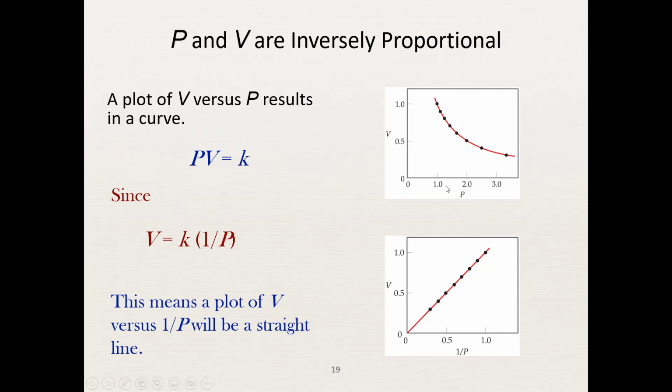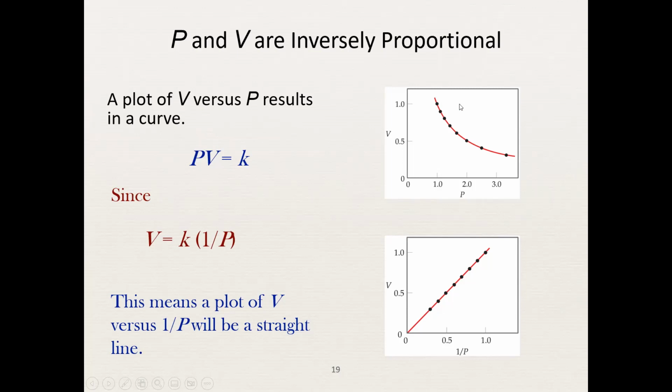Or we can think about it the other way. As we start to squeeze this more, we have the volume go down. And then what this allows us to do is take the inverse of pressure. And then what we're going to see is a straight line, where the slope is just equal to K, which is just going to be that constant based on the temperature, based on the amount of gas there.